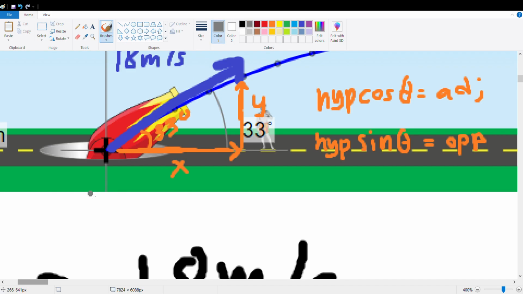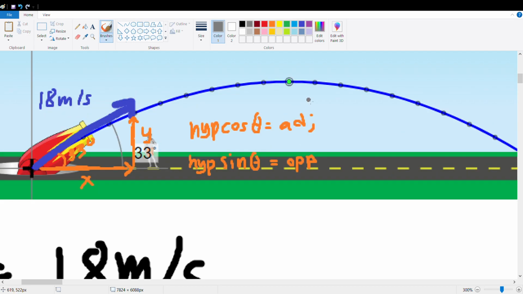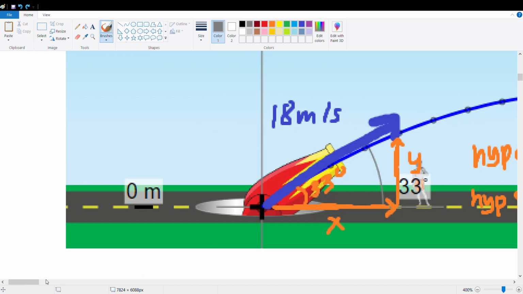What I'd like to do is split these parts into two. So here we're going to split this part, and then we first find here, right? This is the half time.